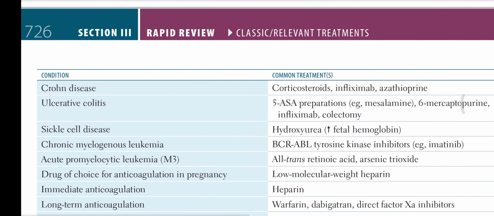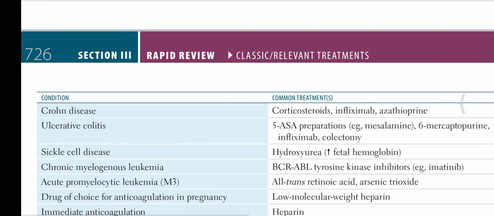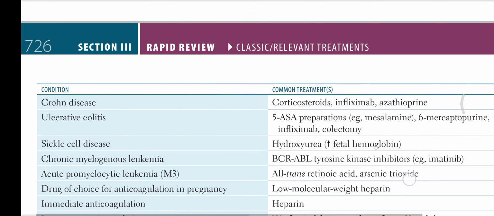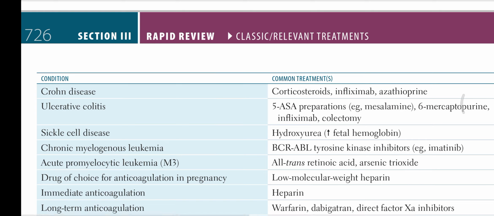Acute promyelocytic leukemia: all-trans retinoic acid, arsenic trioxide. Chronic myelogenous leukemia: BCR-ABL tyrosine kinase inhibitor, imatinib. Sickle cell disease: hydroxyurea, which increases fetal hemoglobin.